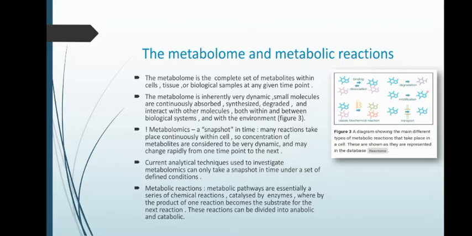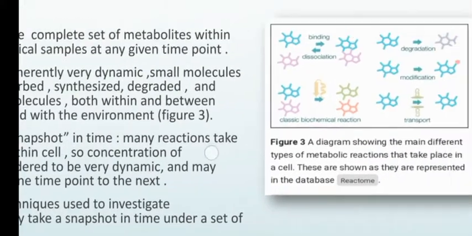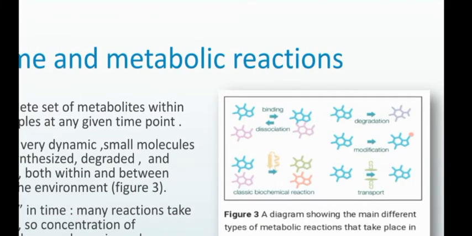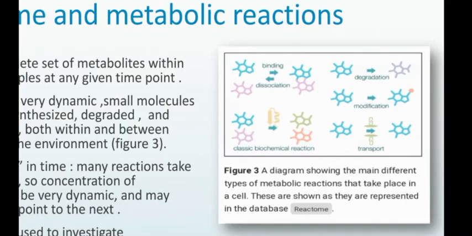Metabolic pathways are essentially series of chemical reactions catalyzed by enzymes, whereby the product of one reaction becomes the substrate for the next reaction. These reactions can be divided into anabolic and catabolic.